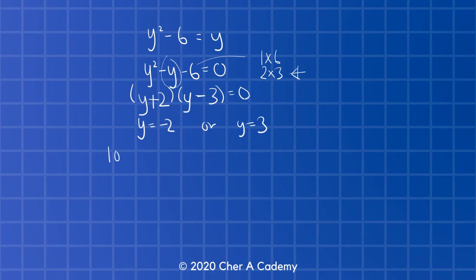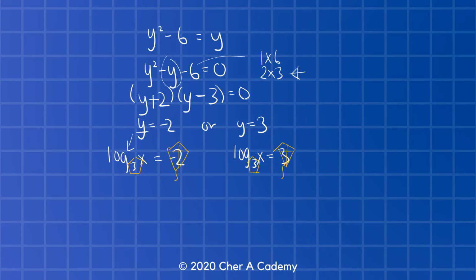Then I'll bring back my log base 3 x, which is equal to negative 2. I'm replacing the y with log base 3x. Same thing here. So how do we solve this? We have to change this to the index form. Let's do a little recap. This is my base and the number on the outside is my index, right?